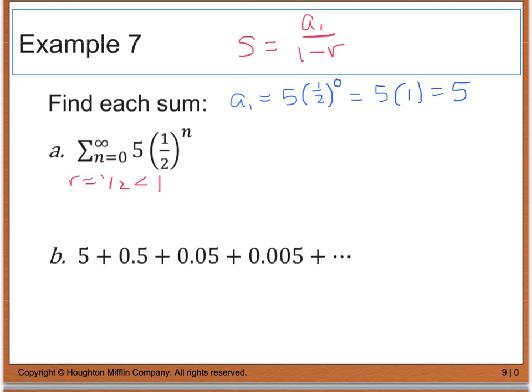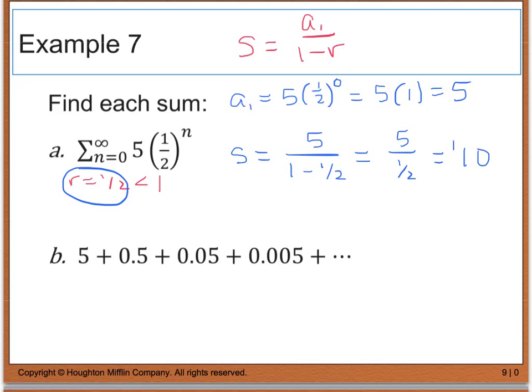Now I know my a sub 1 term, and I know that r was equal to 1/2 because I have that down here. So now I can find my sum is equal to 5 divided by 1 minus 1/2, which is really 5 divided by 1/2, which is really equal to 10. So the sum, as I approach infinity, of this function is going to approach 10.